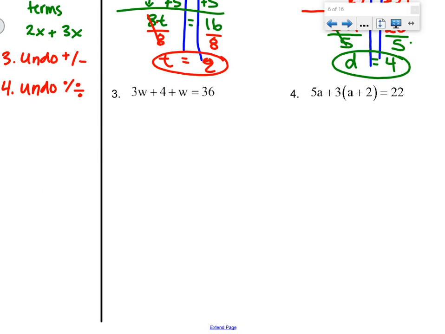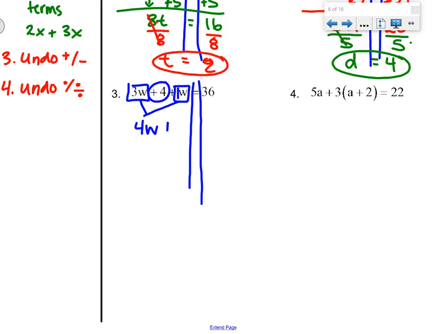Next set of examples, number 3. Still no distribution because there's no parentheses. But we do have like terms to combine. We have 3w, and this is really a 1 in front of this w, so 1w. 3w plus 1w is 4w. But then we also have to account for this plus 4, which needs to be added over here, equals 36.